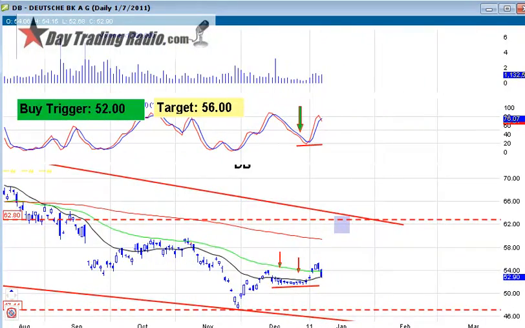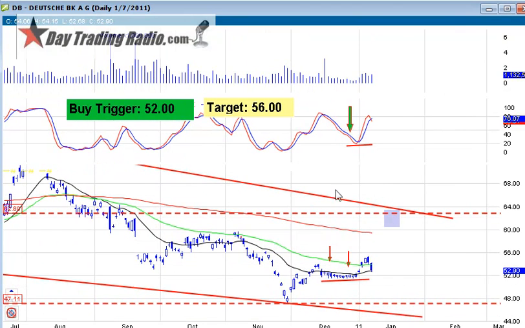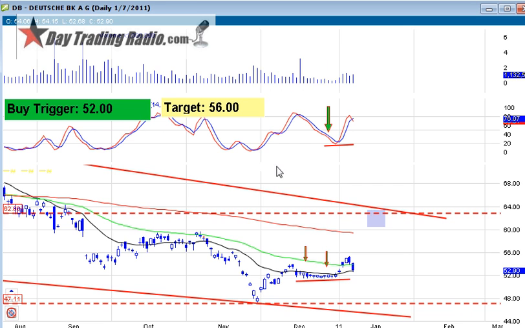This is called a positive stochastic divergence. Pullback in the stochastics, but sideways consolidation on the price, and then you get the turn up on the stochastics and the break up. And again, took profits into that. Not worried about what's going to happen at this level, but know that I'm going to get this level. I want to definitely see that coming a mile away.